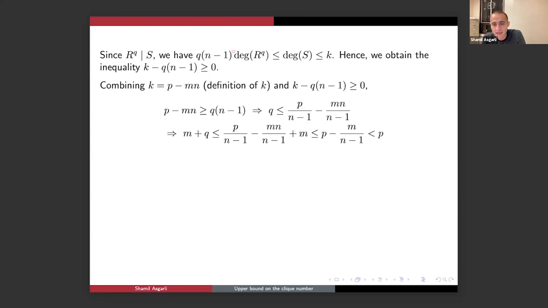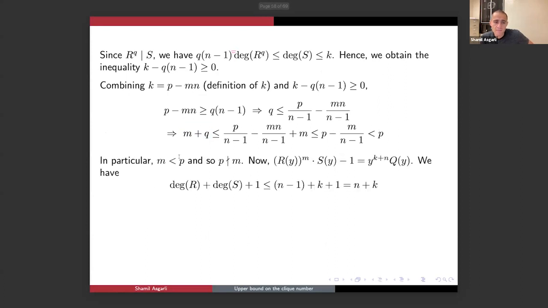But if I look at M plus minus Mn divided by n minus 1, you can do the algebra to see that this is simply minus M divided by n minus 1. So in any case, it's strictly less than P. So what did we show? We showed that M plus Q is less than P. In particular, M is less than P. So P cannot divide M.